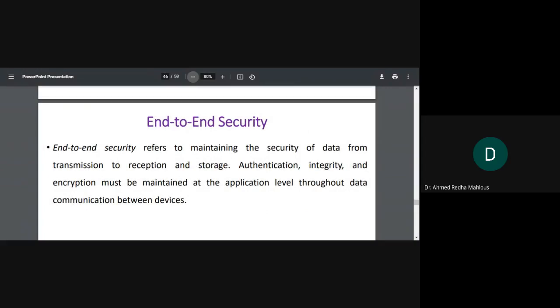We looked also at end-to-end security and how it should be managed and secured from the sender to the receiver, across the communication channel used by the user or by the devices to exchange the data, through authentication, integrity, encryption, all the things related to end-to-end security.